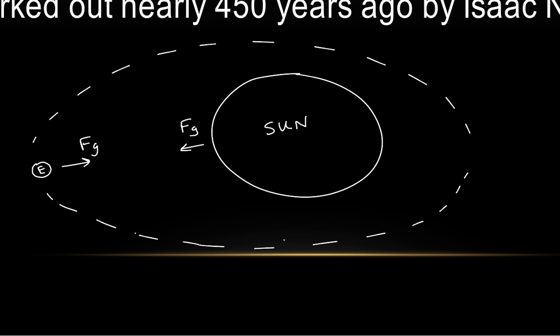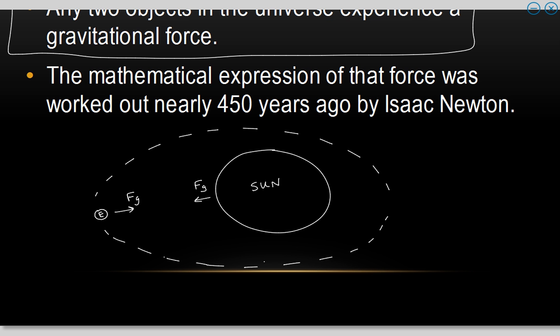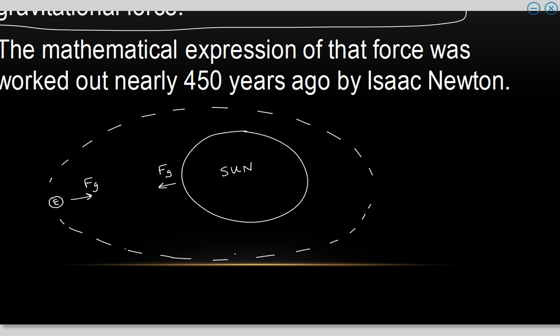So what this means is essentially any two objects, if they have mass, there will be a gravitational force between them. Now, the Sun and the Earth are extremely massive. They are huge in terms of kilograms, in terms of their mass.